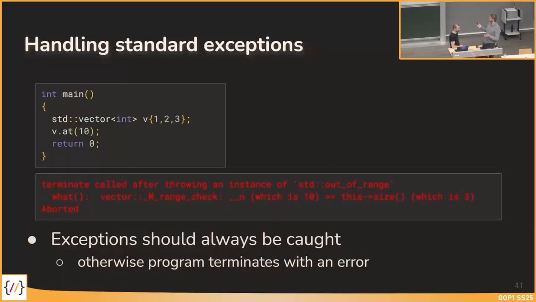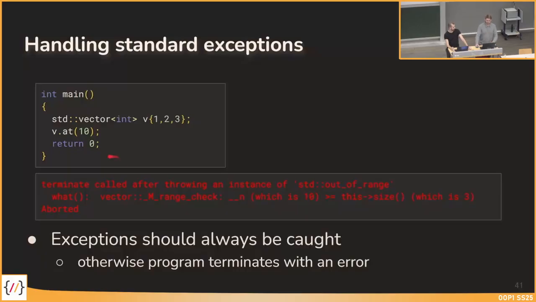But as we can see, we have 3 elements in the vector, so there is no 10th element. This will throw an out of range exception as we've seen before. It is thrown and not caught, and that's the reason why the program terminates.